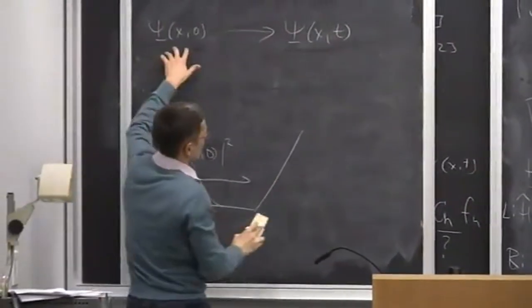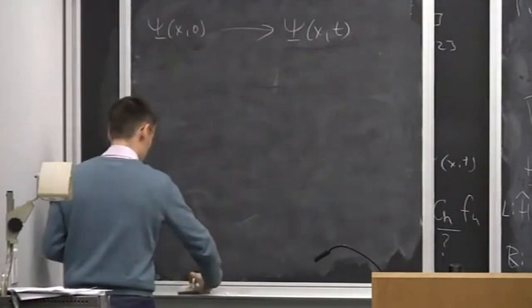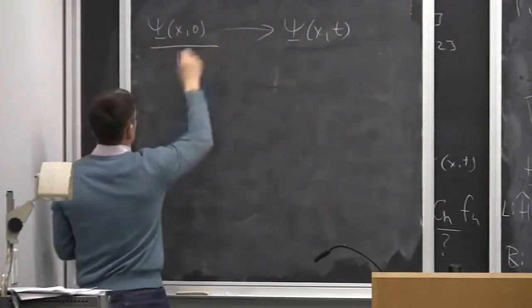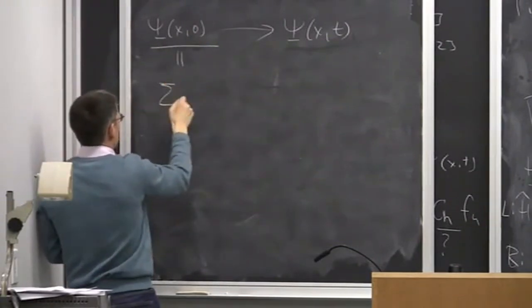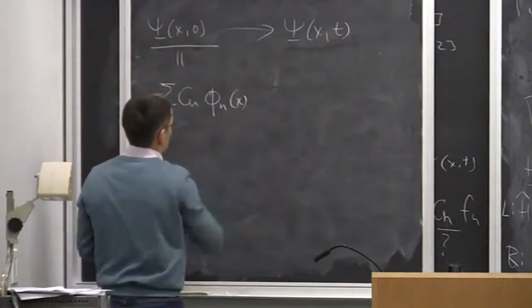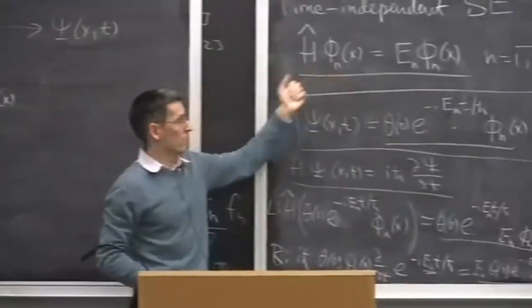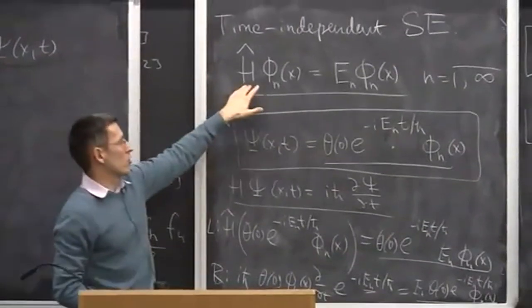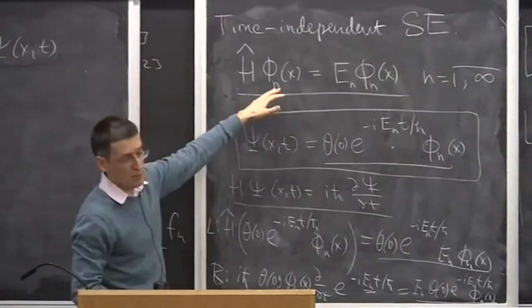But the initial conditions are what they help us with. Actually, we can present this function, because it has no time, as a linear combination of solutions of the time-independent Schrödinger equation. The same as with kinetic energy, the Hamiltonian has eigenfunctions and they form a complete set.